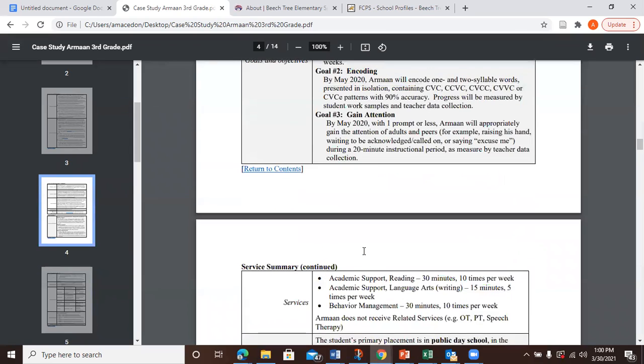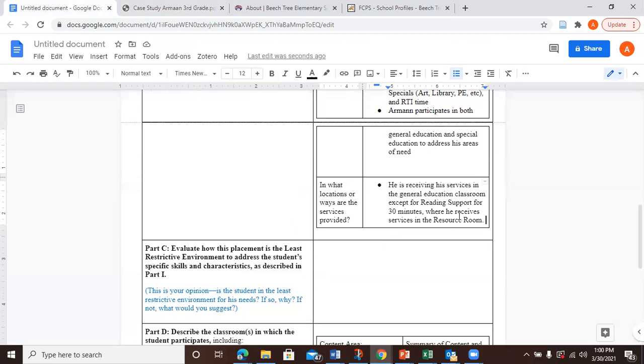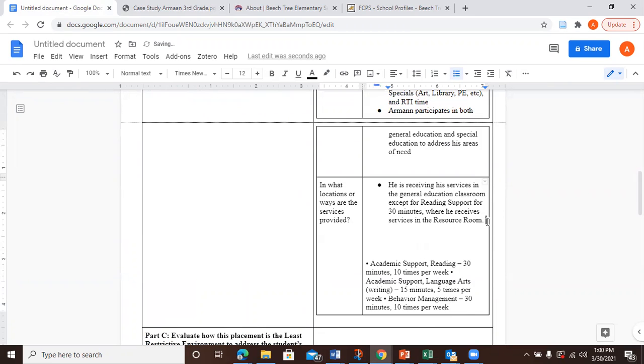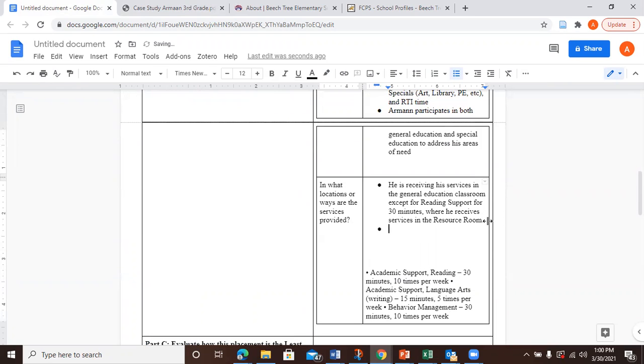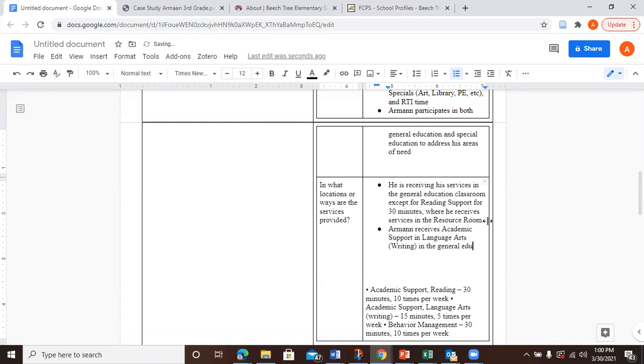You could specify that. But I would say he receives, I'm just going to copy paste this so that it's a little bit easier to type. Armand receives academic support in language arts, writing in general education classroom.